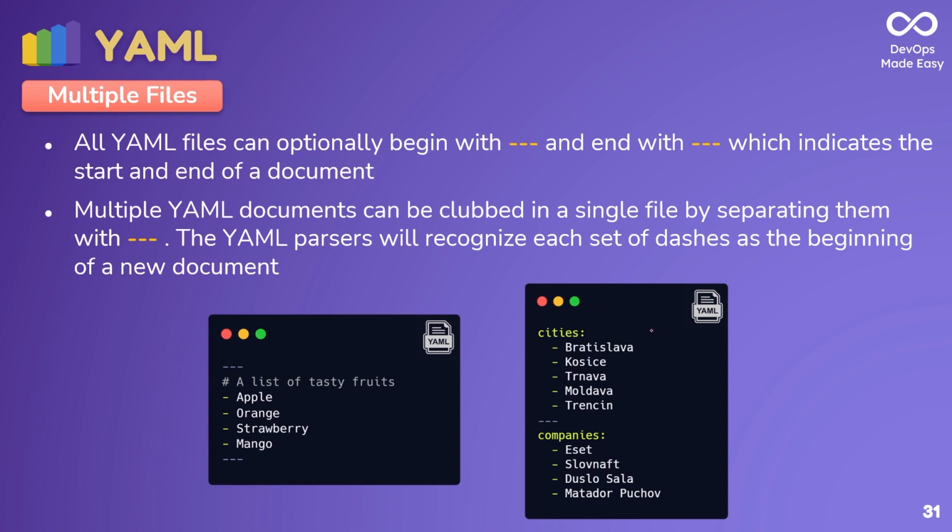The YAML parsers can recognize these two as different YAML documents with the help of three hyphens. So I can club a pod YAML file, a service YAML file, and a config map YAML all in a single file, or else I can have them in different YAML files. So there are two possibilities.